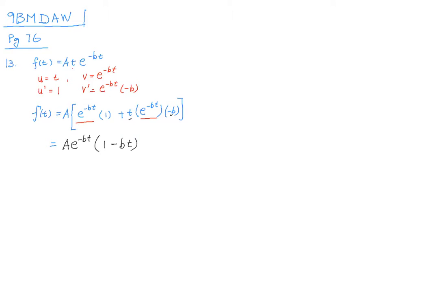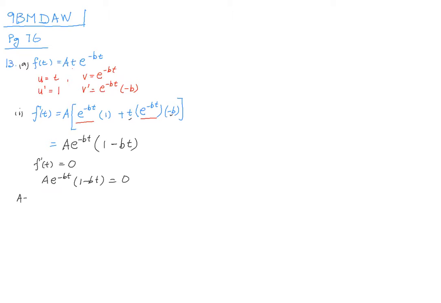So the first part, you are supposed to find the local maximum. Okay, so you put f prime t equal to 0. So a e to the power negative bt times 1 minus bt equal to 0.